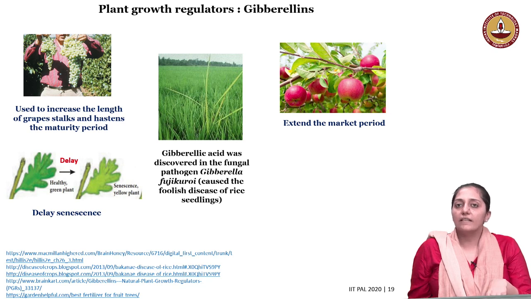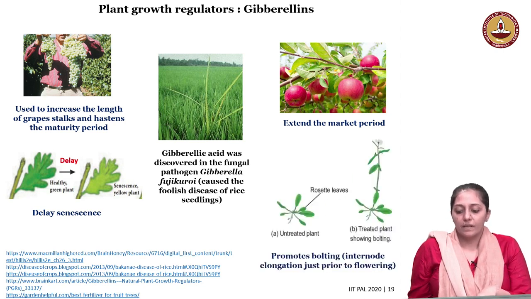So, you can extend the market period of the fruits. It also promotes bolting. Here is an example in rosette leaves. You can see the significant difference between the untreated plant and the treated plant, where lengthening of the internodal region just before flowering can be promoted.